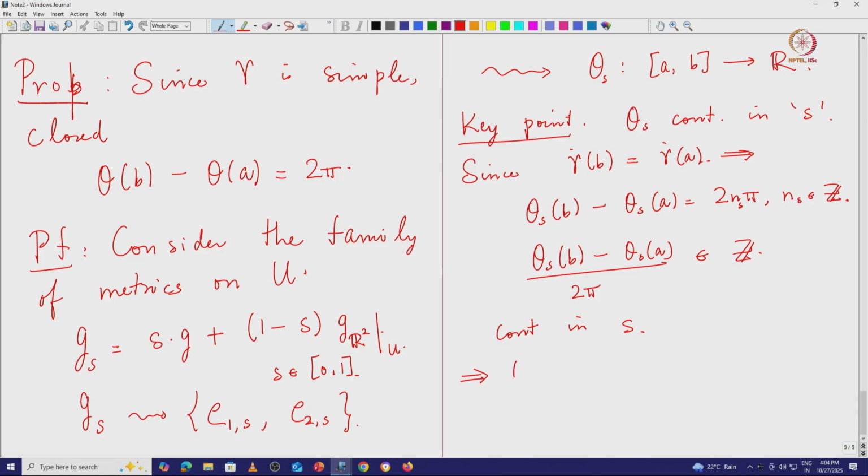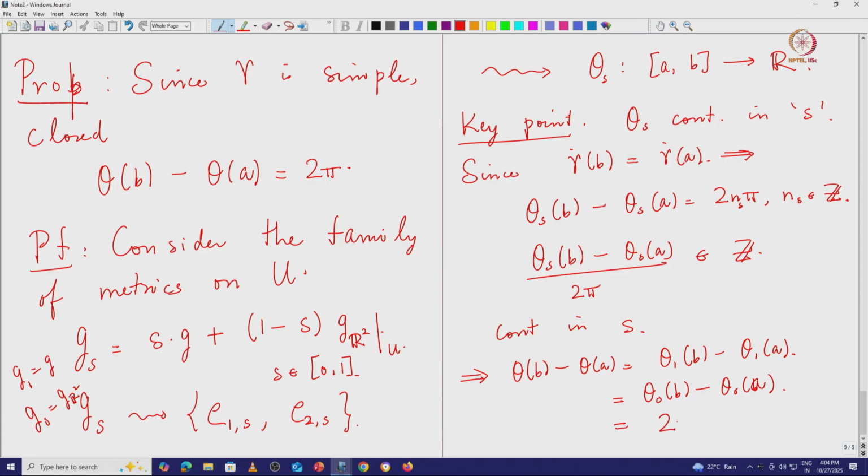So, this implies that theta B minus theta A, which is equal to theta 1, remember G1 is the metric G, because this is constant in S, this must be theta naught of B minus theta naught of A. But what is G naught? G naught is the Euclidean metric. For the Euclidean metric, we have already proved Hopf's rotation angle theorem and we know that the answer is 2 pi. Okay. So, this completes the proof on a general curved surface.